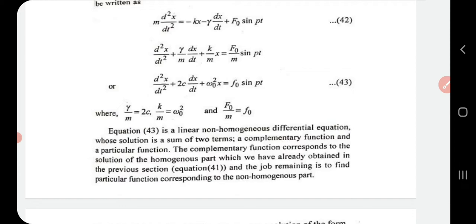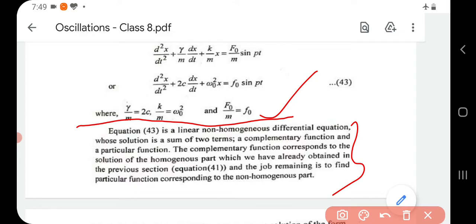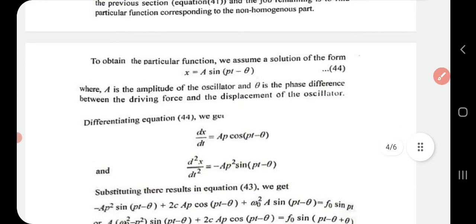There is no need of mentioning that paragraph. It is sufficient that you write up to this much. After writing this, write up to this, and then after that you just write the sentence.